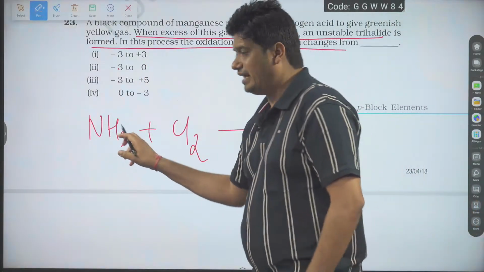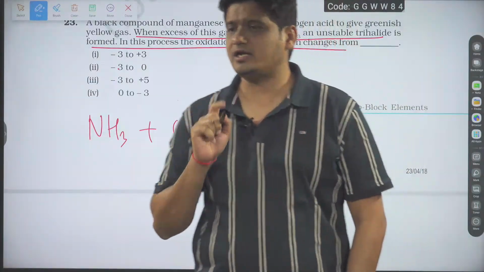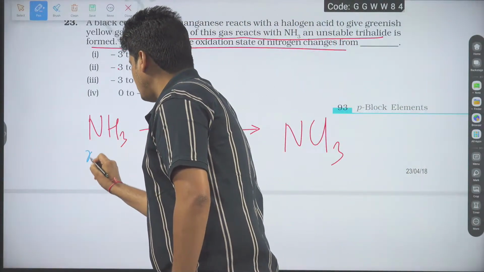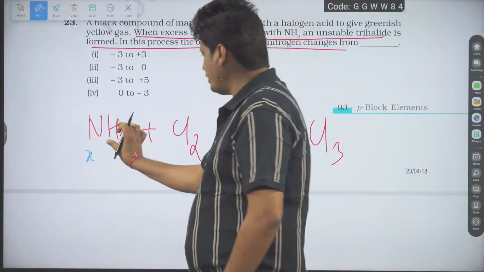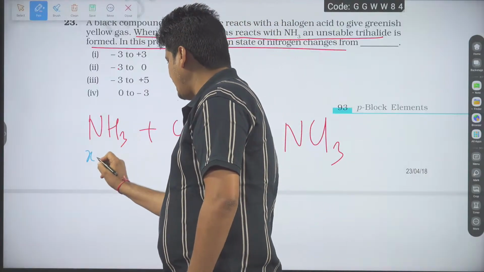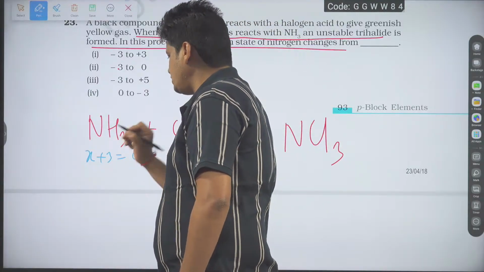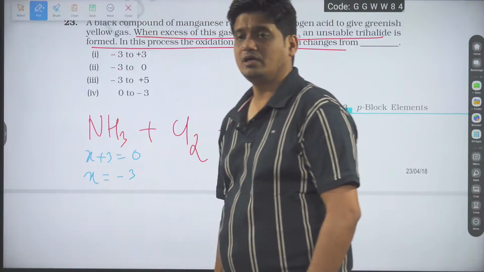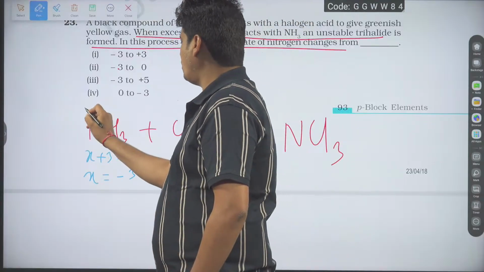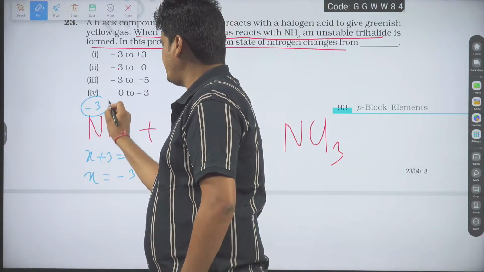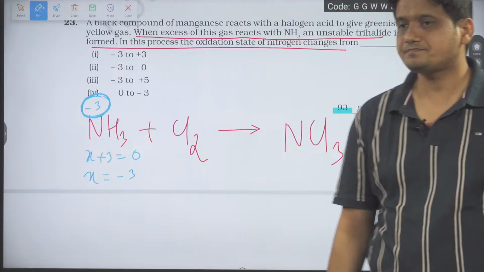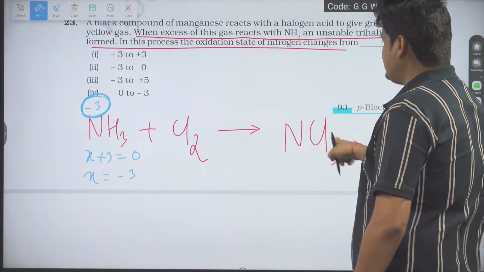Out of N and H, who is more electronegative? N, obviously. So I will assume nitrogen oxidation state X, hydrogen plus 1, so 3 hydrogens plus 3 is equal to 0. So X is equal to minus 3. Means in case of NH3, oxidation state of nitrogen is minus 3. Okay or not? Now go to the NCl3.